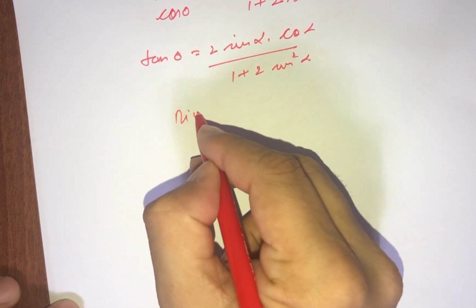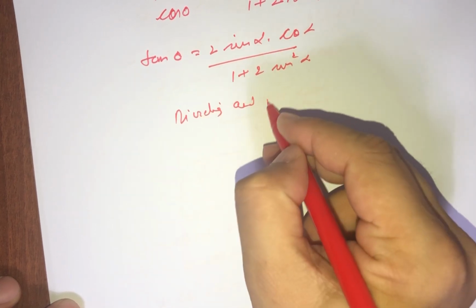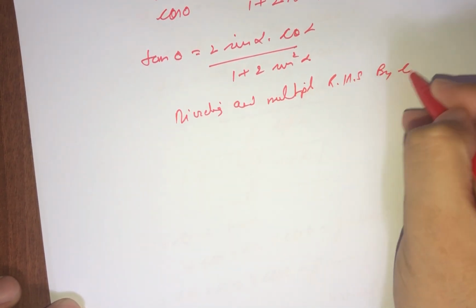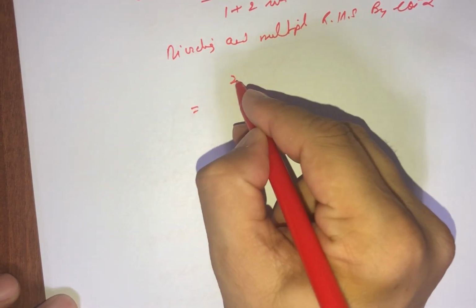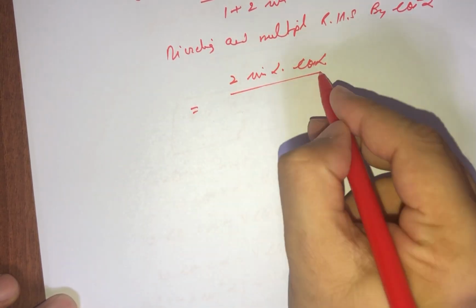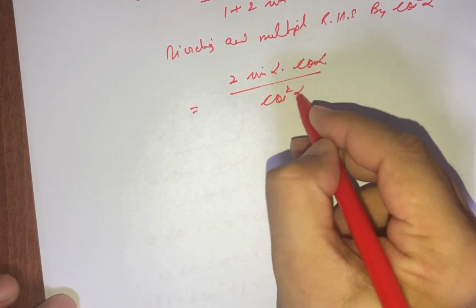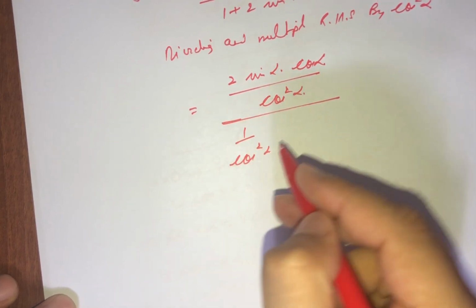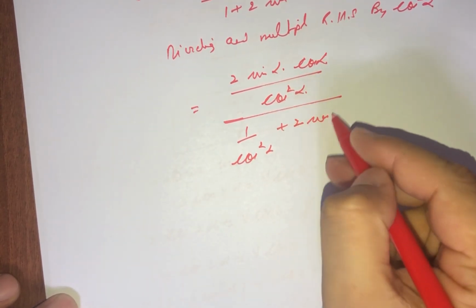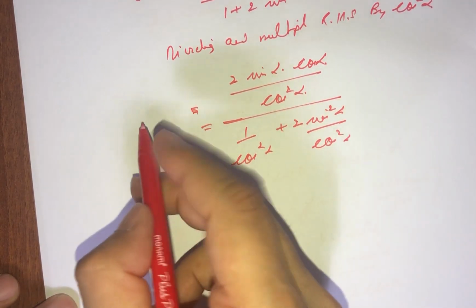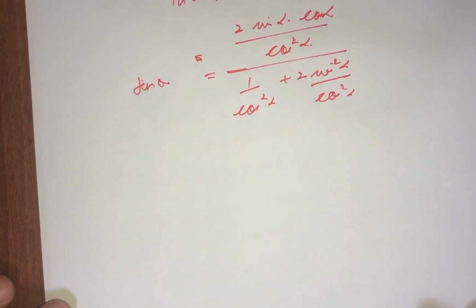So dividing and multiplying the right hand side by cos square alpha, this will be coming as 2 sine alpha cos alpha divided by cos square alpha, divided by 1 plus 2 sine square alpha divided by cos square alpha, and this is equal to tangent of theta.